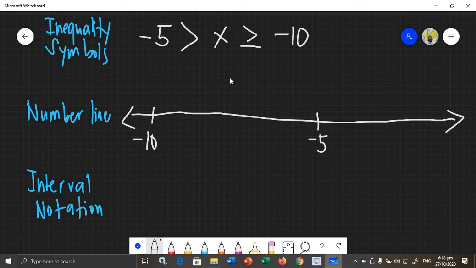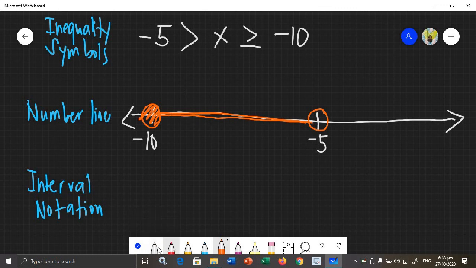So, in this case, negative 5 is not included, as you can see, because its inequality symbol is greater than. So, we should write an open circle. And then, x is greater than or equal to negative 10, meaning negative 10 is included in the values of x. Therefore, I am going to write a shaded or closed circle. So that's how you interpret this using the number line.